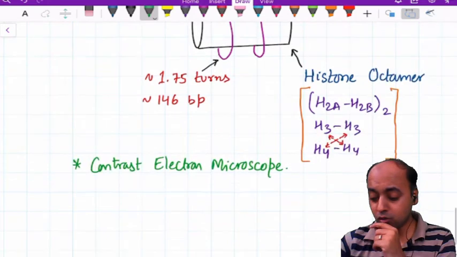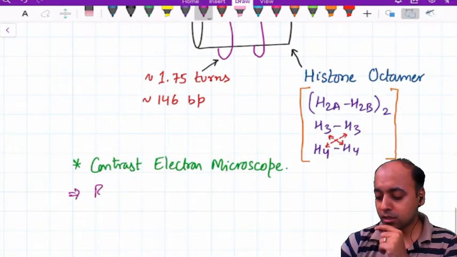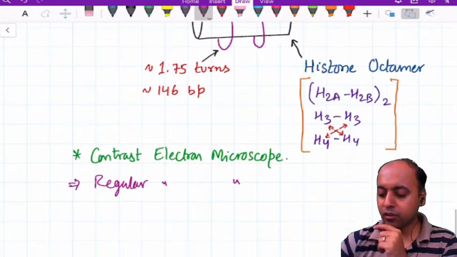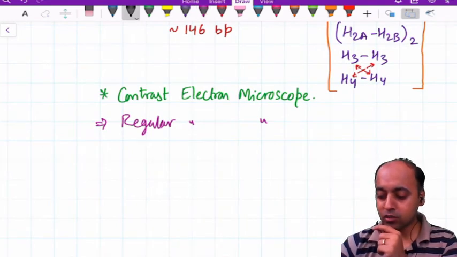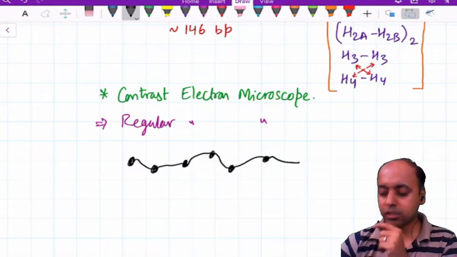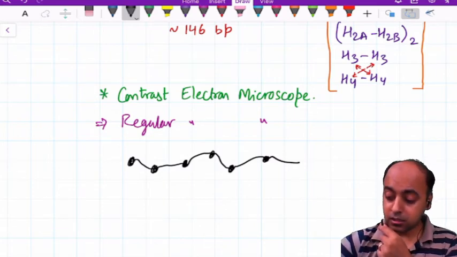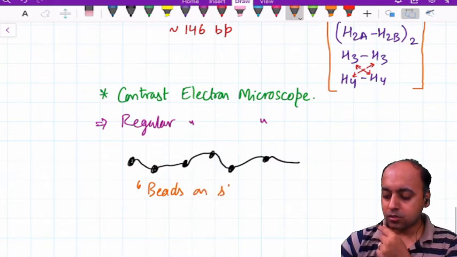If you don't use the contrast type electron microscope, rather if you use the regular electron microscope where we don't have the reconstruction of images, in this case what you see, what I have shown previously, is nucleosome, linker DNA, nucleosome, linker DNA, and so on. This is called beads on string.